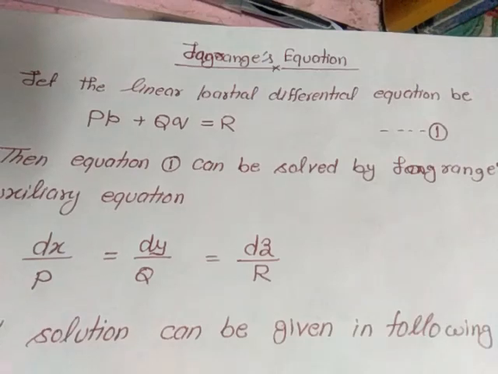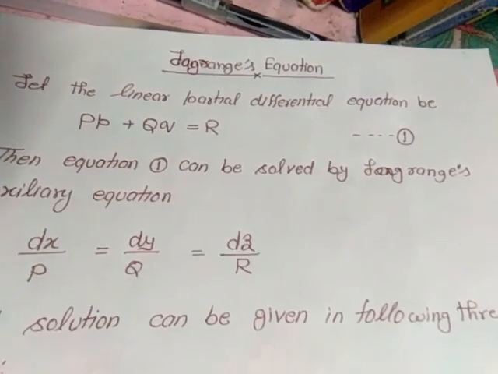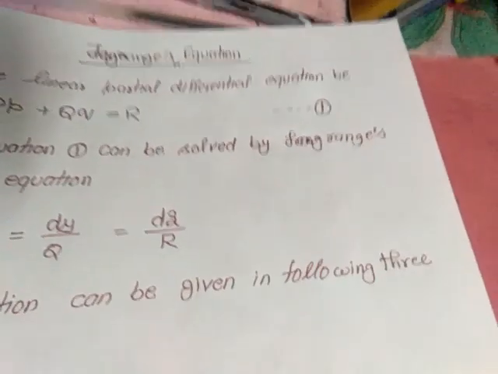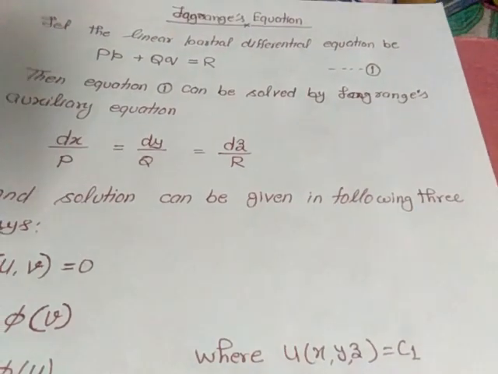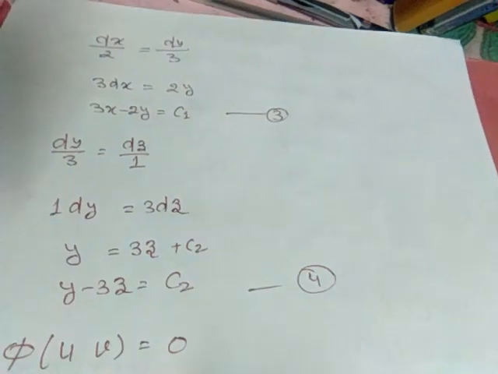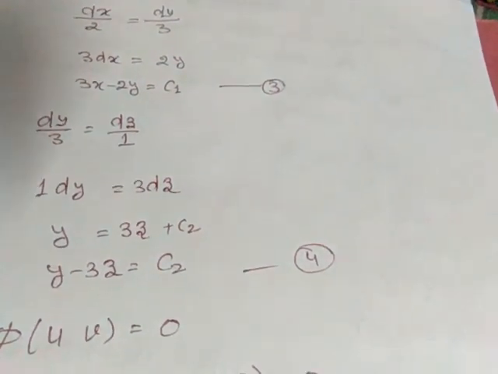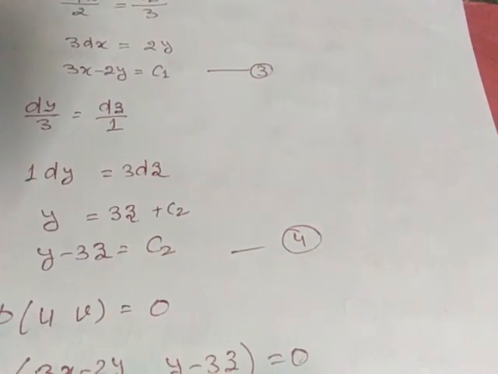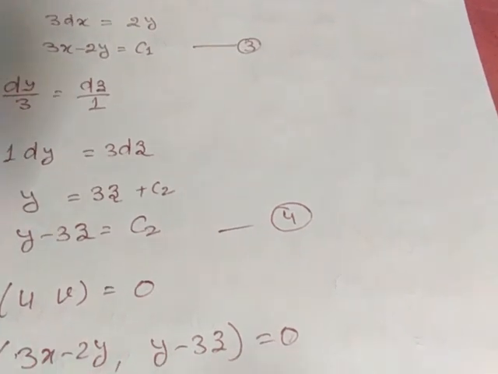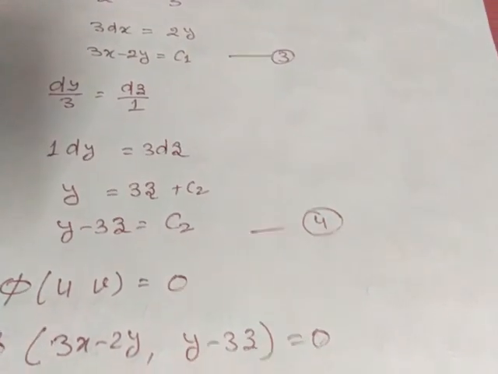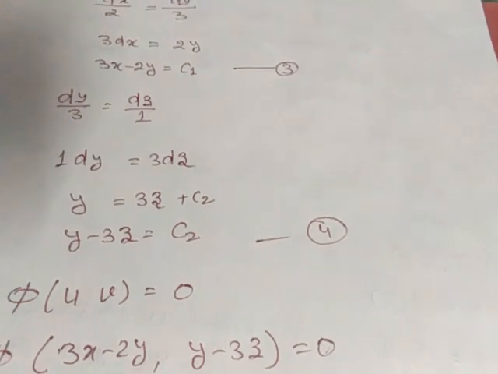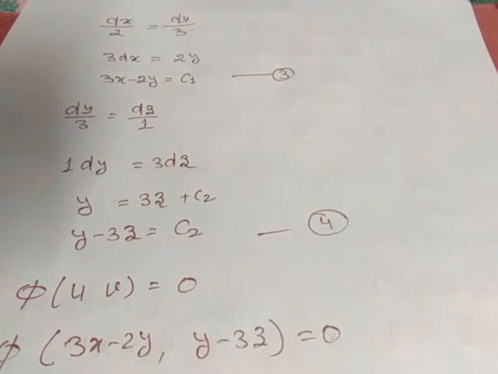Now if the values of capital P, Q, R are somewhat typical, or we cannot separate the variables x, y, z and cannot freely integrate, then we will apply the next method to solve the given partial differential equation.